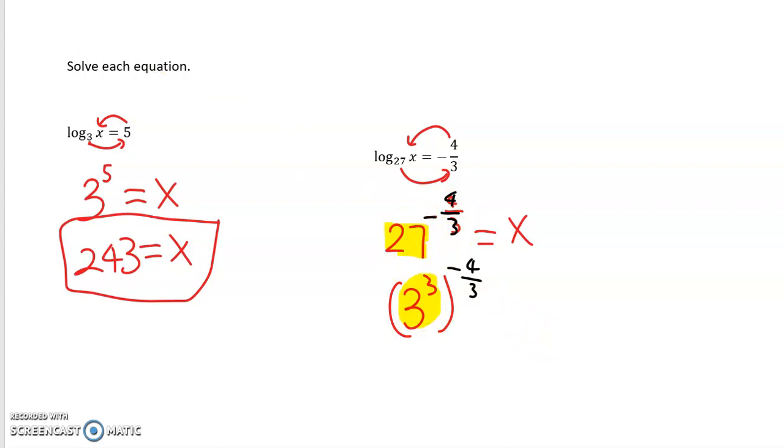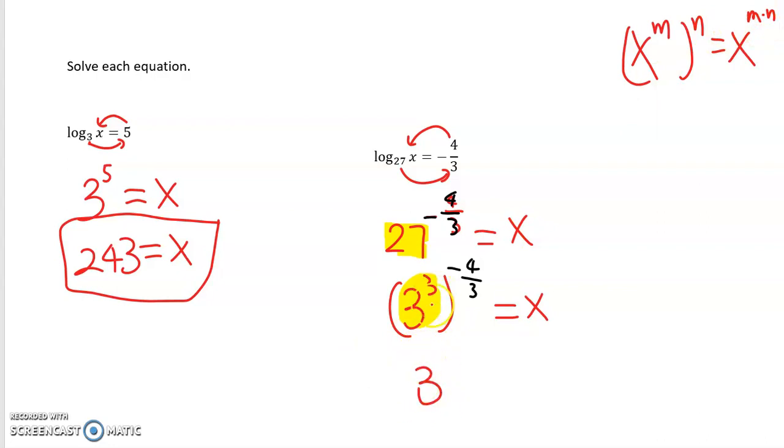Now we can use one of the laws of exponents. It's exactly the power of a power. If you remember the formula, the power of a power is equal to the product of the powers. So we multiply 3 and negative 4/3, put a 1 underneath, and we can cancel the top 3 and the bottom 3.